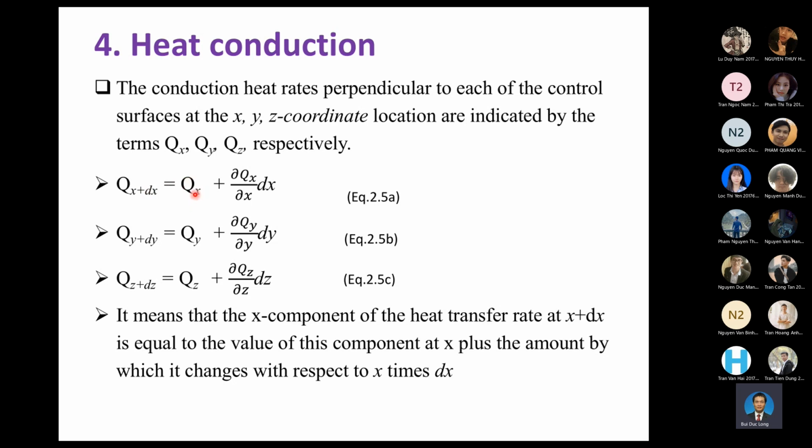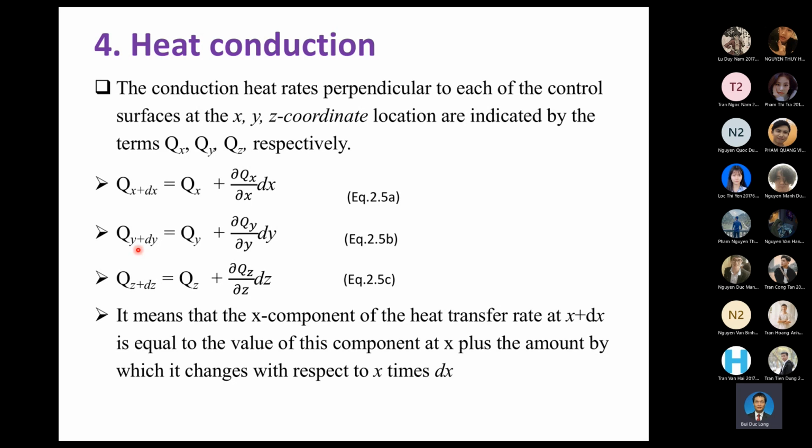Q in plus the amount of heat change here, equal to dqx/dx times dx. Similar for the other directions.